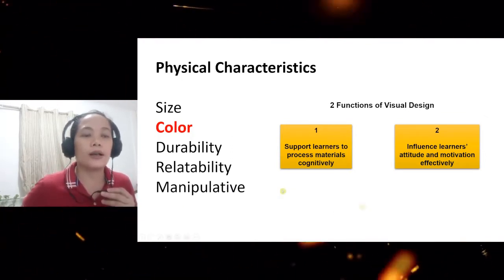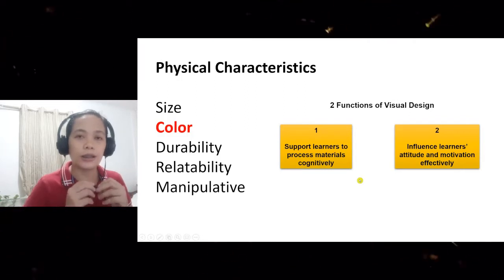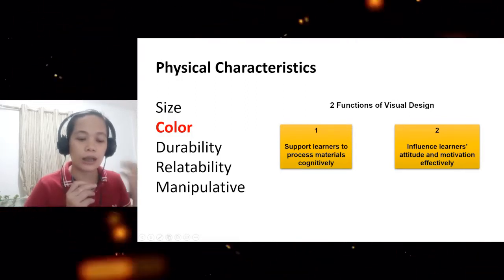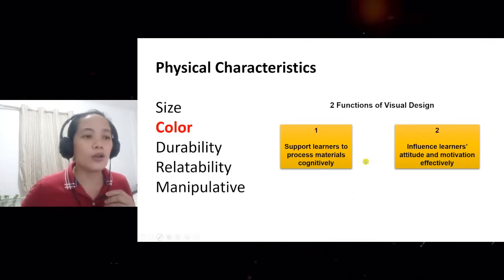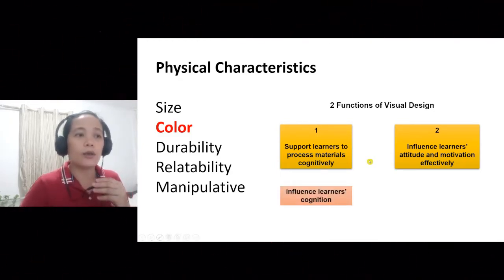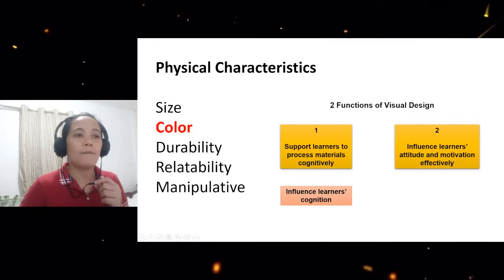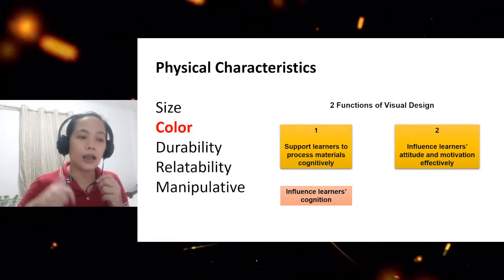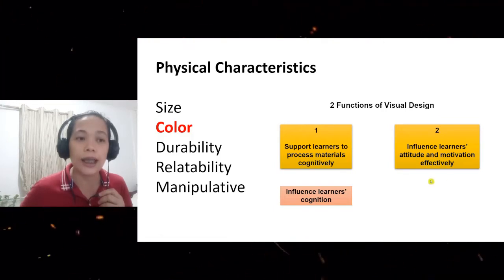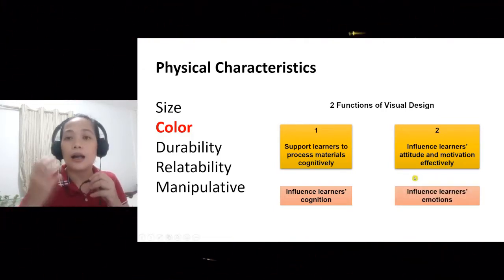There's a study in psychology about colors. It actually affects human behavior. And so, in summary, we can say that colors influence learners' cognition as well as their emotion.